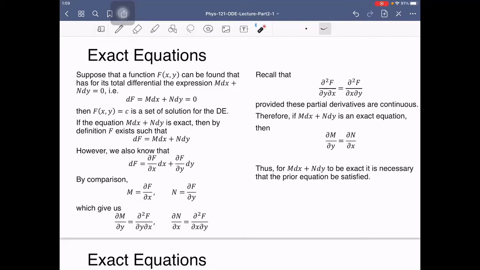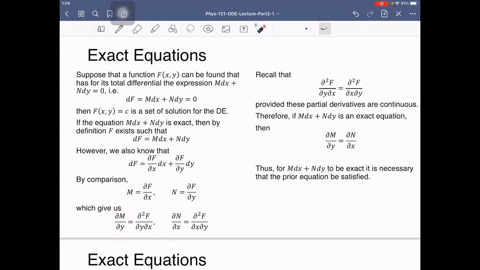Okay, by comparison, we can see na yung m is partial of f with respect to x, and n is partial of f with respect to y. So, using this definition again, pwede natin isulat yung partial of m with respect to y.